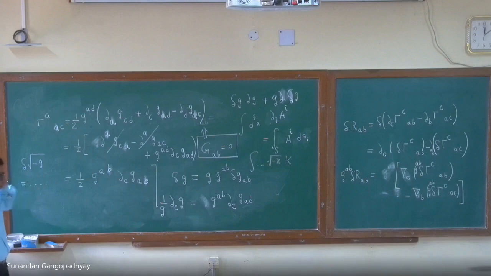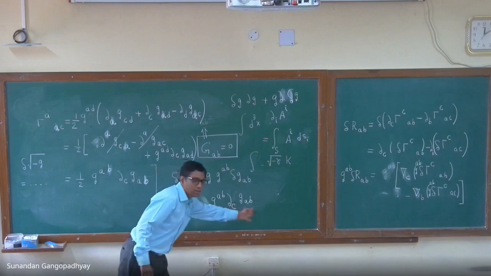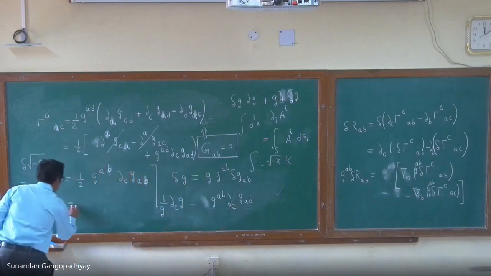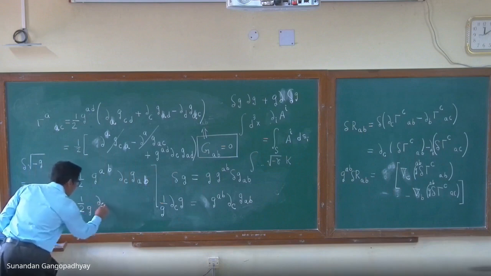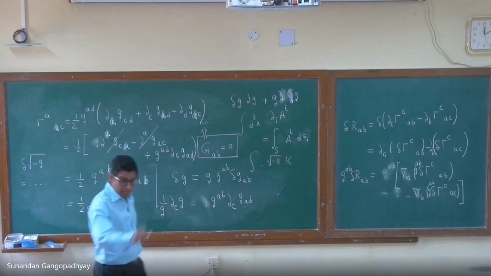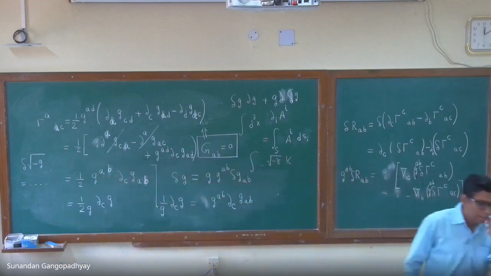Right? So what is GAB? Del C GAB, that is equal to 1 by G del C G. You can replace this by half G. ঠিক আছে? By the way, what is G? Theta কি? Theta বলা হয়। Sorry for that.